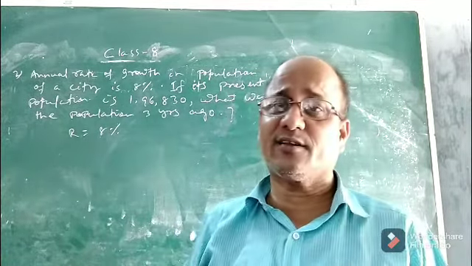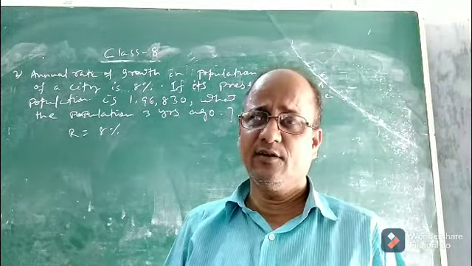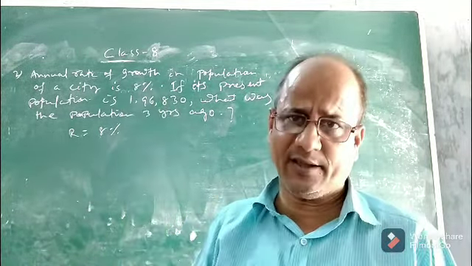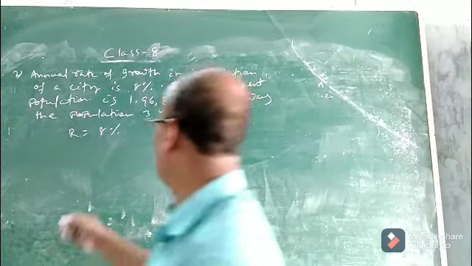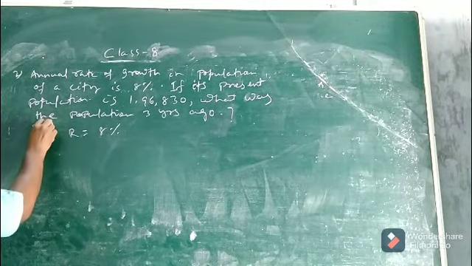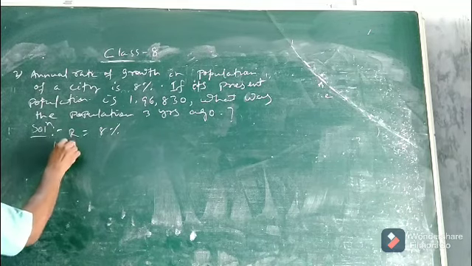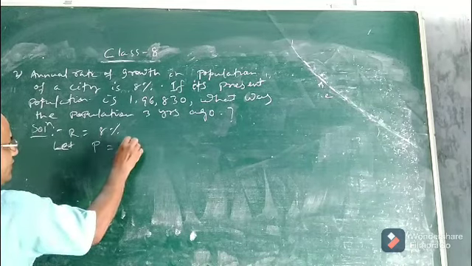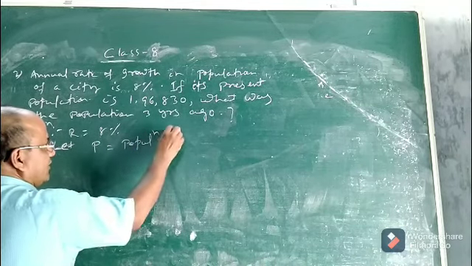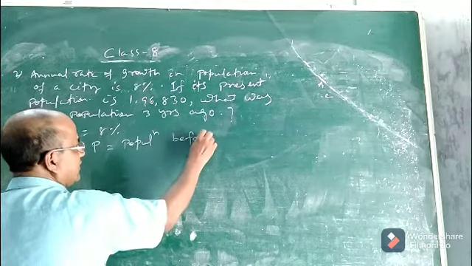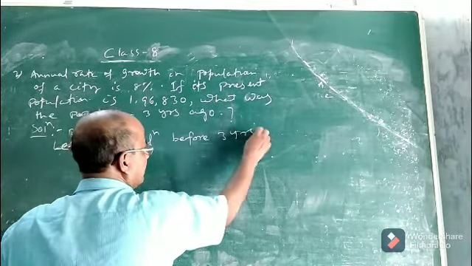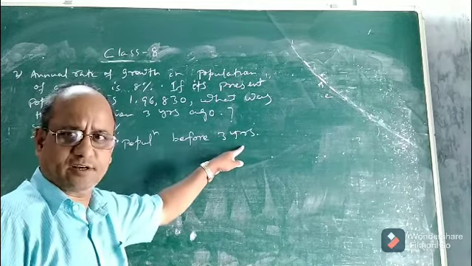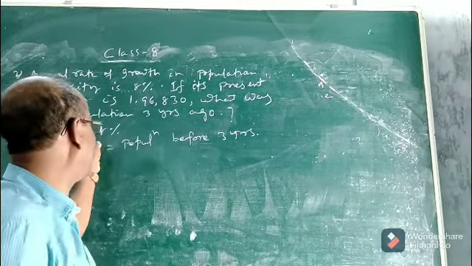So let P equal the population before 3 years, or 3 years ago, and the rate is 8%.